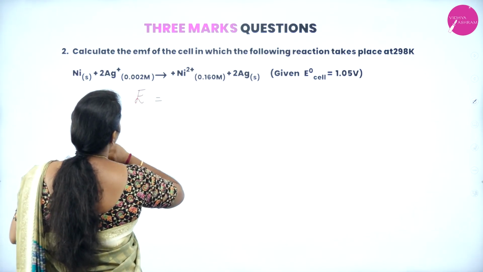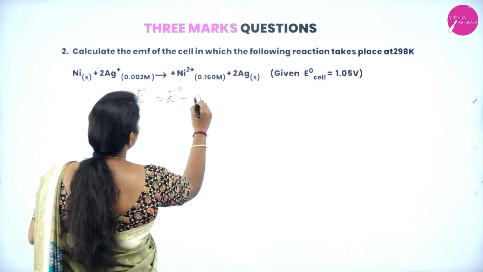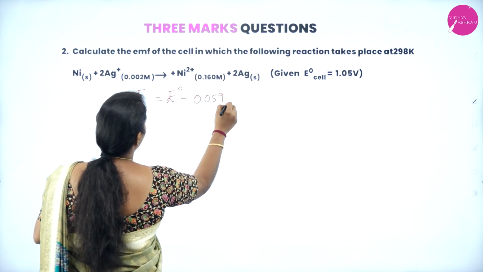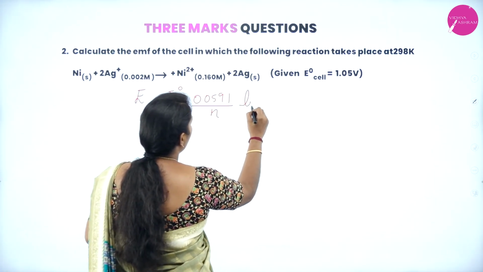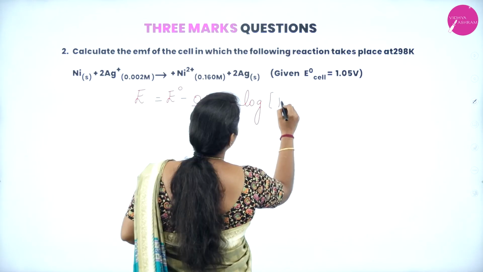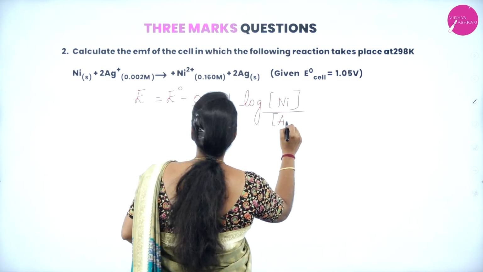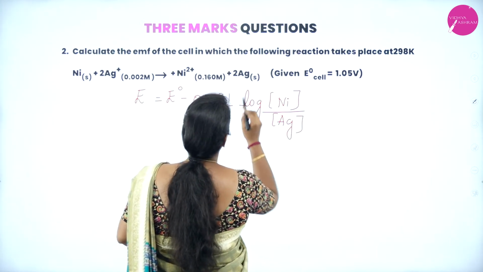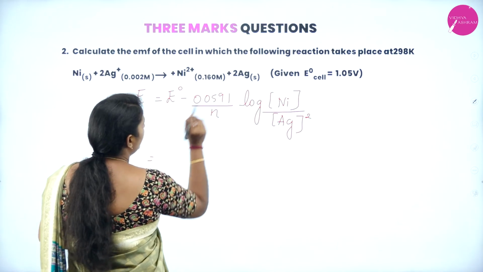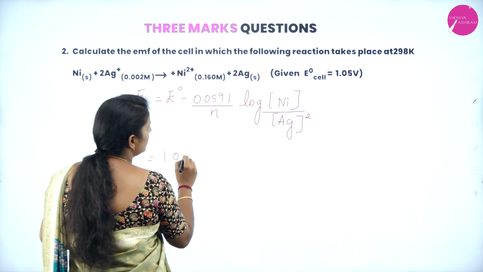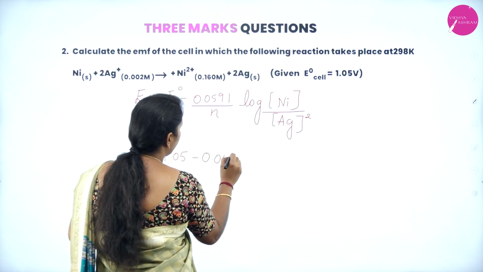So, EMF of the cell is given by E naught minus 0.0591 divided by N into log of nickel divided by Ag squared. So, how many Ag will be there? 2. So, what is the E naught value they have given? 1.05 minus 0.0591.